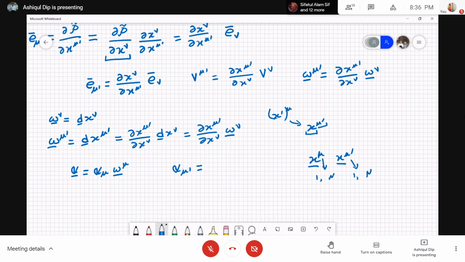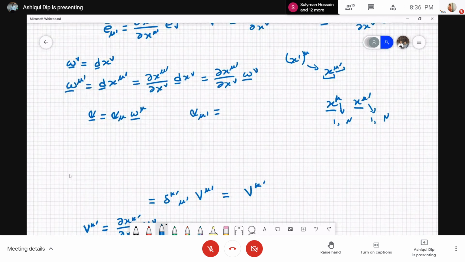If you're having trouble seeing this, let's expand. We can expand our α in the older coordinate or the newer one.